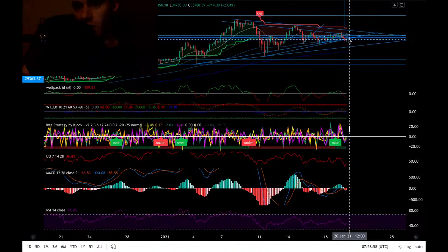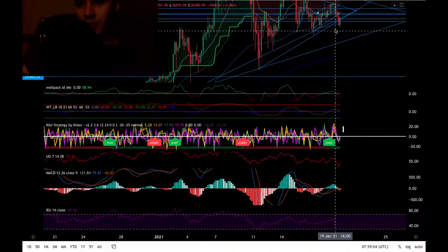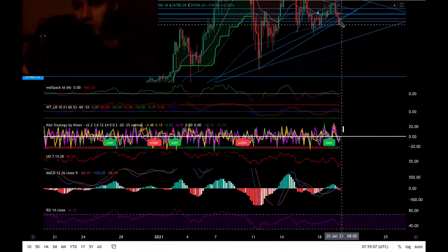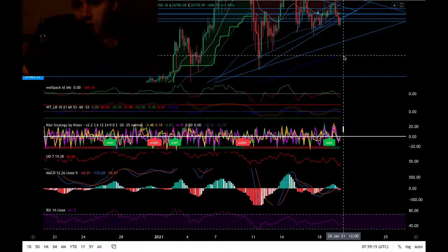So even if we were to potentially break this consolidation triangle, and this is the outside of it, even if the price was to get rejected right here, which is potential, and then come back down and break out of this consolidation pattern and wick, like I said, lots of buying pressure.